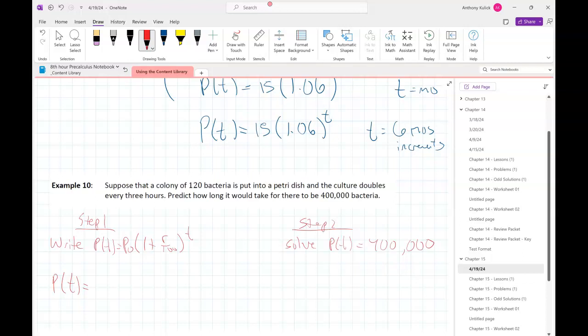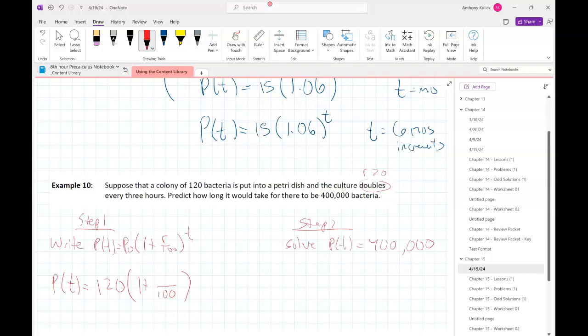What is the initial amount? How many bacteria do we start with? 120. What is the R? What is the constant rate of change as a percentage? Does it give us a number in here? Yeah, so it doubles. So I know that R is greater than 0, but what percentage does double mean?